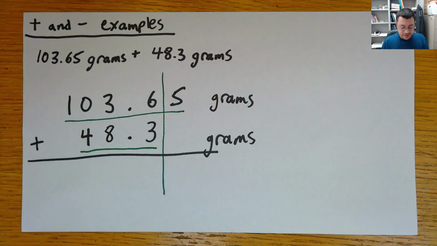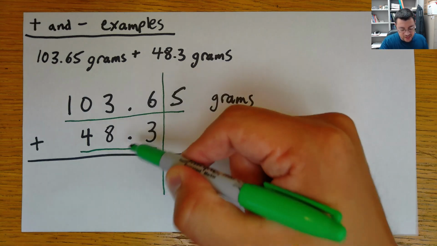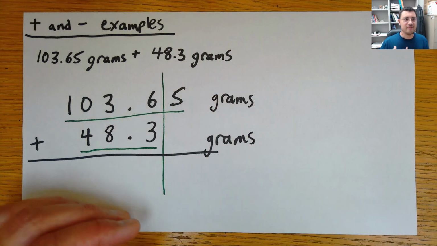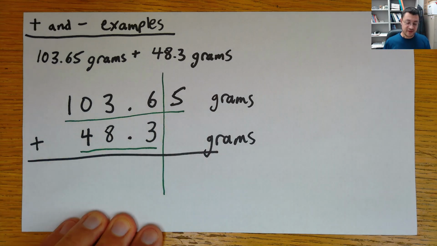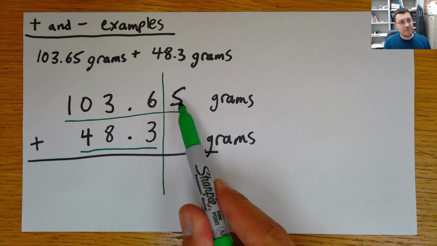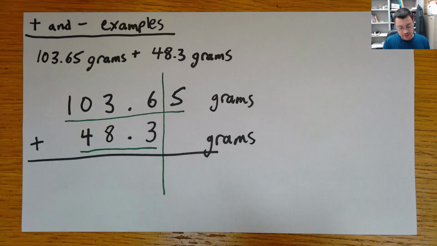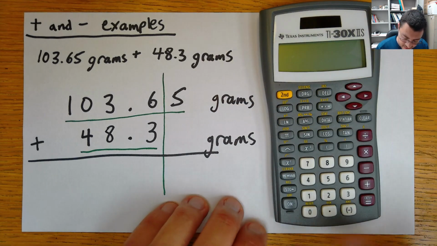Okay. This line is not a decimal point. That's our decimal point. The line is just telling me that everything to the left will still be sig figs. Everything to the right will not. Okay. That doesn't mean we don't care about this 5. We're going to still type this into our calculator or do the calculation completely as normal. Okay, type everything.